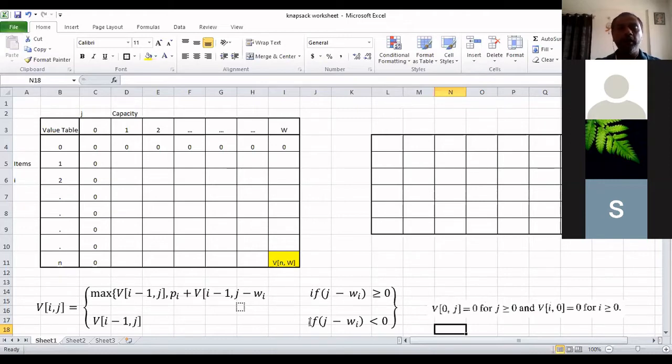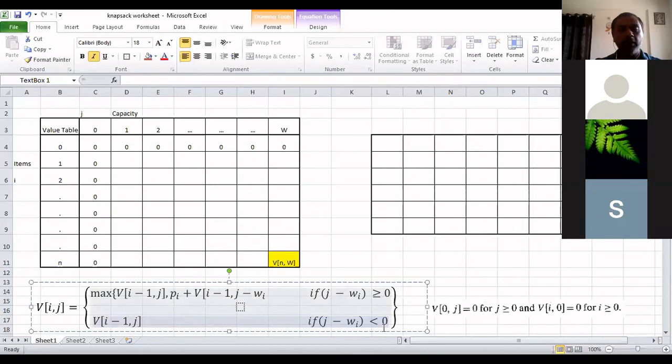If you can't accommodate, then the price of that item will not be included in our maximization problem or knapsack value. So if J minus Wi is less than 0, we will take V of I minus 1 comma J. That is nothing but the profit without including the ith item. That becomes our component.